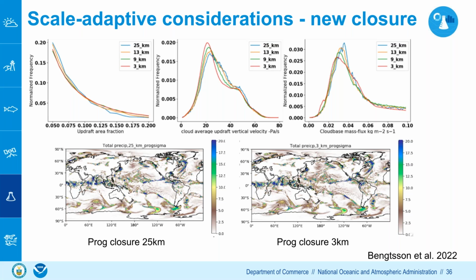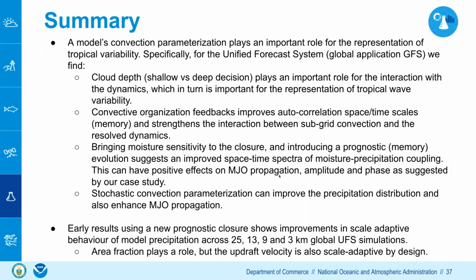I think in general that is because with this prognostic closure we keep more subgrid precip than what the control is doing. So I think I'm going to stop here. Maybe I don't read through all my conclusions, but rather I'm happy to take any questions that you may have.